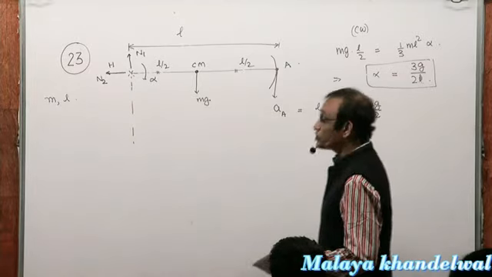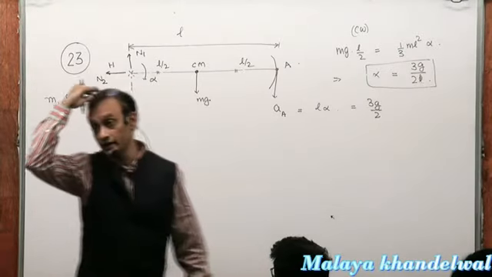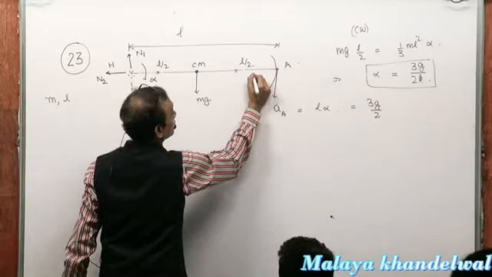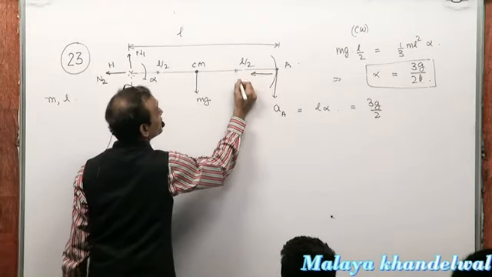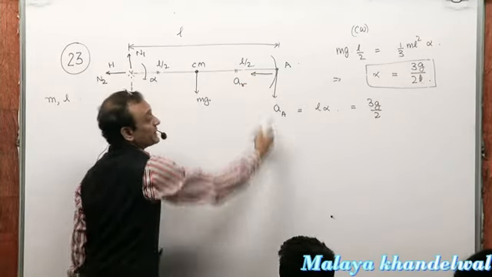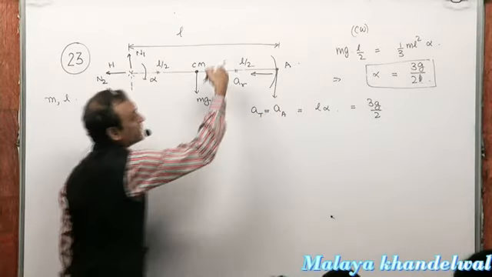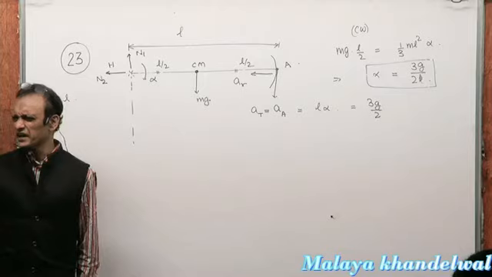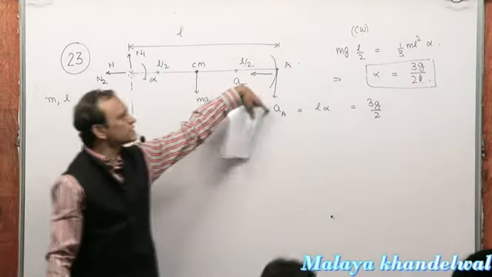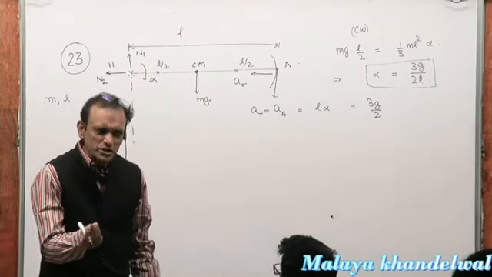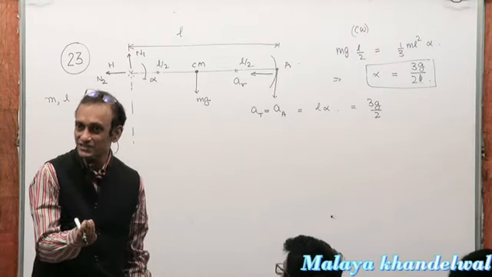Now, there is also the radial acceleration of the end A, AR, in addition to the tangential acceleration. Why should there be a radial acceleration? If it's moving in a circle of radius L, there must be centripetal acceleration, which is this radial acceleration.